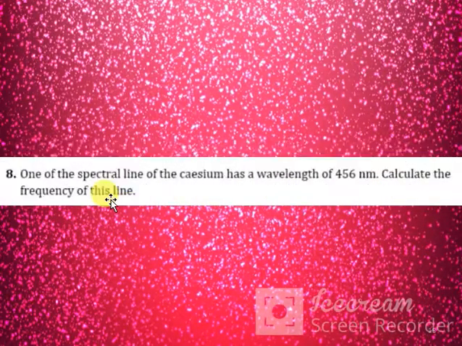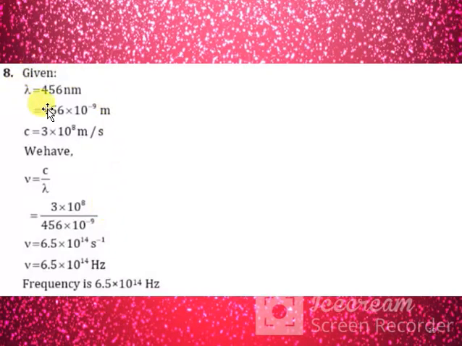Next, one of the spectral lines of cesium has a wavelength of 456 nanometer. Calculate the frequency of this line. So, it is given that the wavelength lambda is 456 nm, which can be written as 456 into 10 to the power minus 9 meter, and C, the velocity of light, is 3 into 10 to the power 8 meter per second.